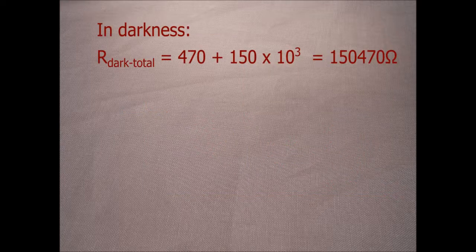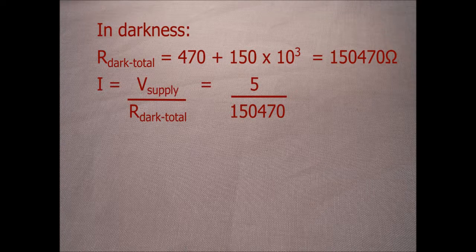So in darkness, the total resistance, our dark total, is the 470 ohms from the fixed resistor and 150 times 10 to the 3 ohms from the LDR, 150,470 ohms. I'd probably leave that number in my calculator and calculate the current under these circumstances as V supply over R dark total, which is 5 volts over 150,470 ohms.